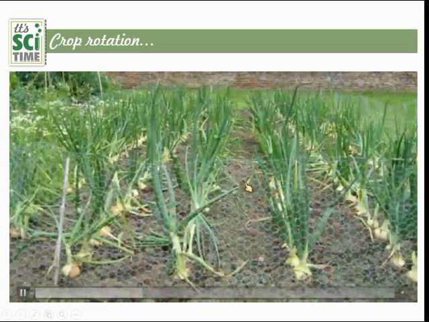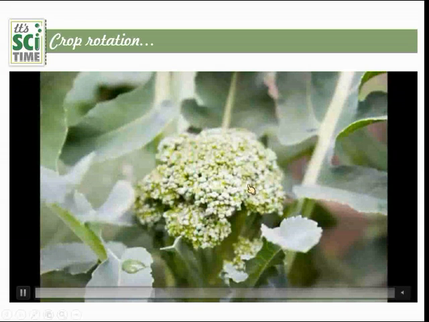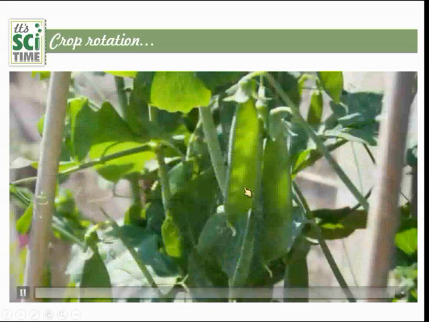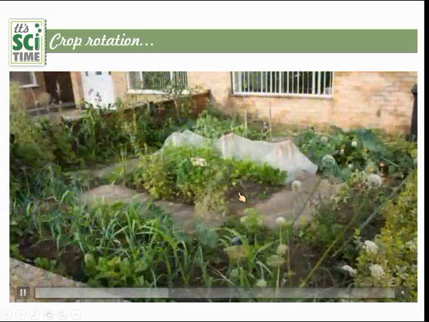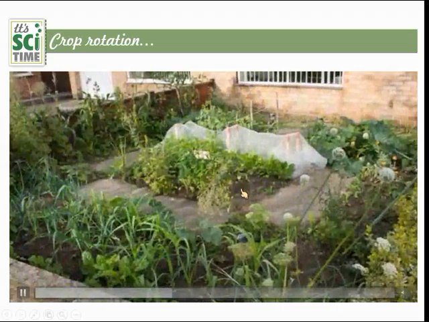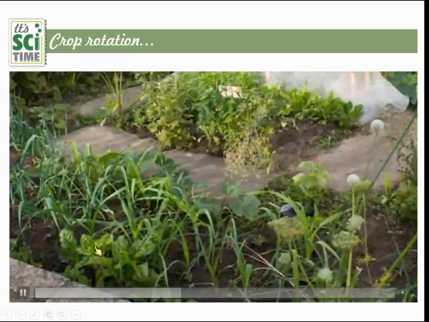And look at that change in the crops season to season, time to time. It's very advantageous because different types of crops use different types of nutrients, and that's how we can go for the crop rotation. We should not grow the same crop in the same place always.